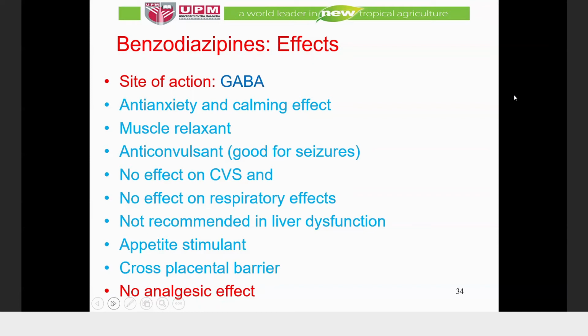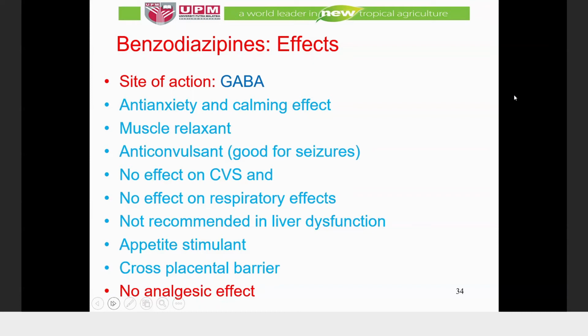That's great. So now you will understand how it acts and what the role of GABA is. So the site of action of this drug, benzodiazepine, is GABA. When it acts on the GABA, that means it inhibits the processing of information.